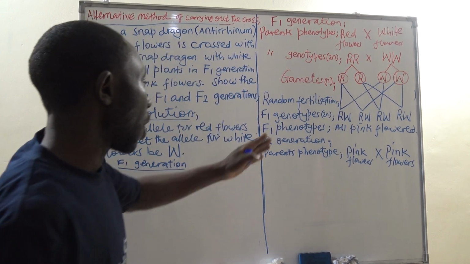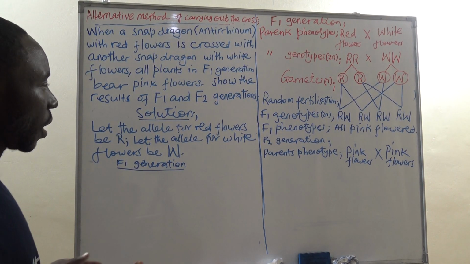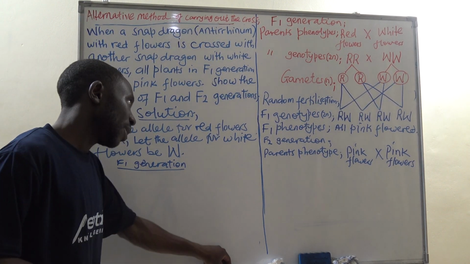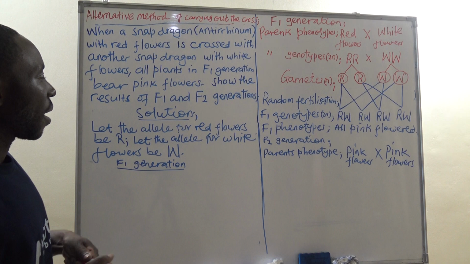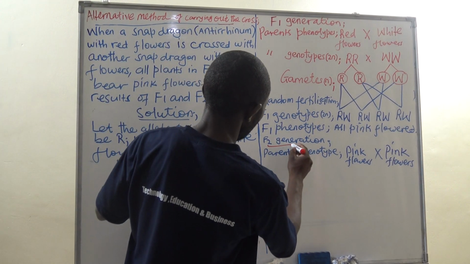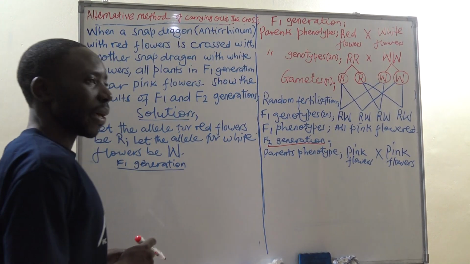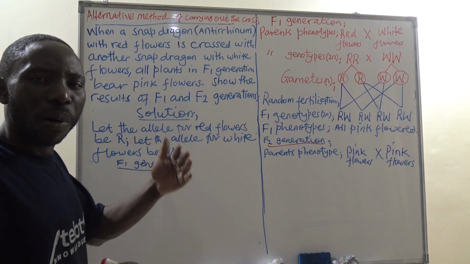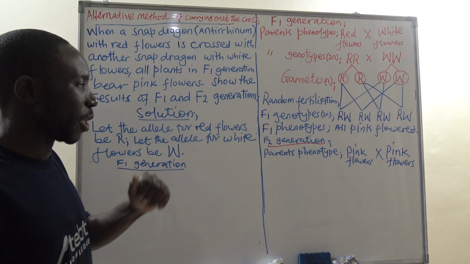So this is what is happening on the board. We are now carrying out what we call the F2 generation, whereby we are now selfing the individuals of the F1 generation.